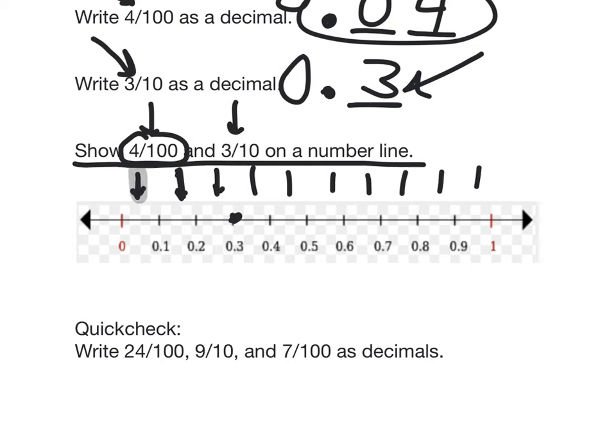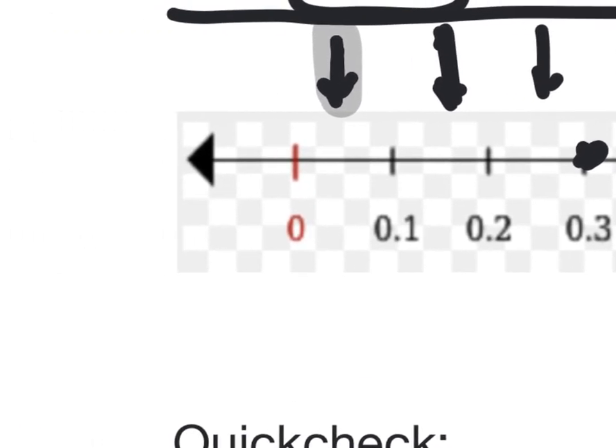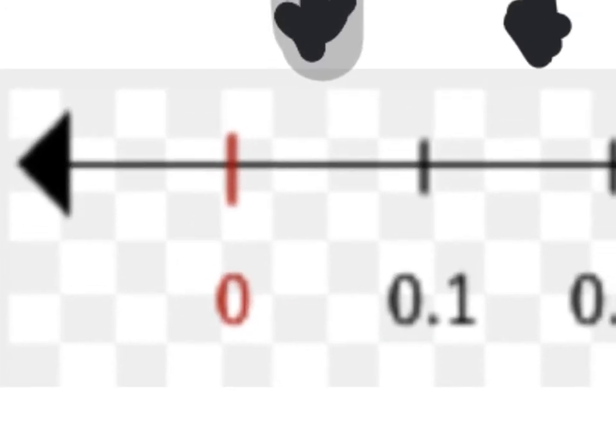Okay, you'll see why. I'm going to enlarge this. 4/100ths would be in this first section. Told you I need to divide each of these into 10. So I need 5 on each side. 1, 2, 3, 4, 5.